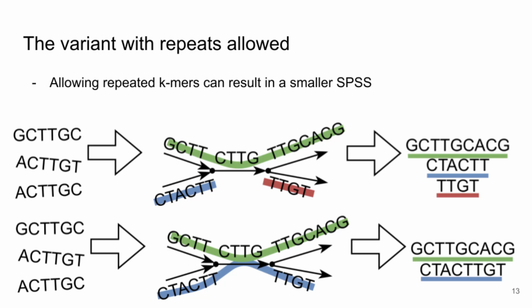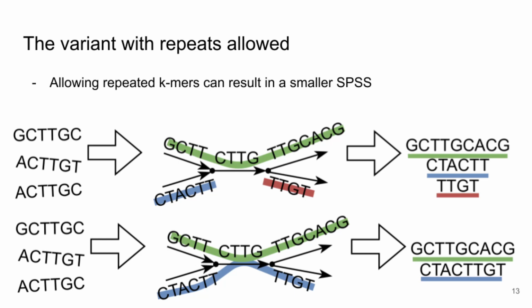For example, if your graph has this X shape, then the spectrum-preserving string set which does not repeat k-mers will need to have 3 paths, because you cannot cross the middle of the X twice. But if you allow your strings to repeat, they may both take in the middle k-mer, and by doing this, the total size of the strings is actually smaller than the optimum SPSS, which does not repeat k-mers.